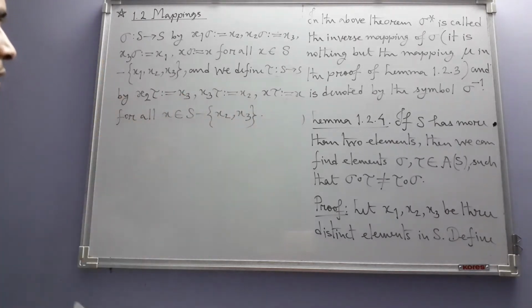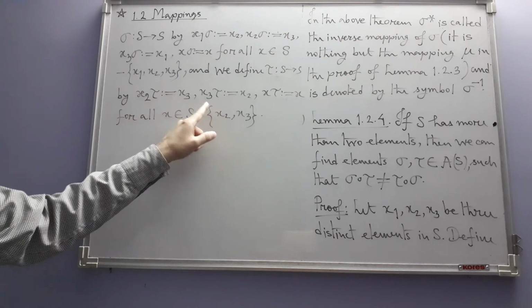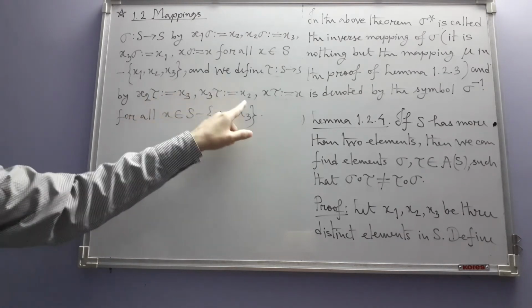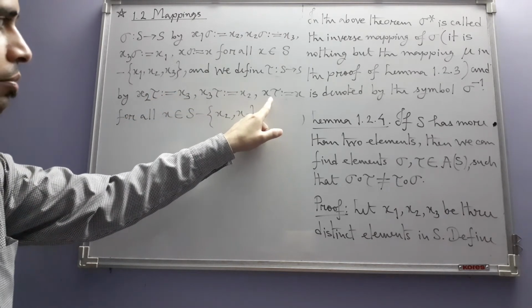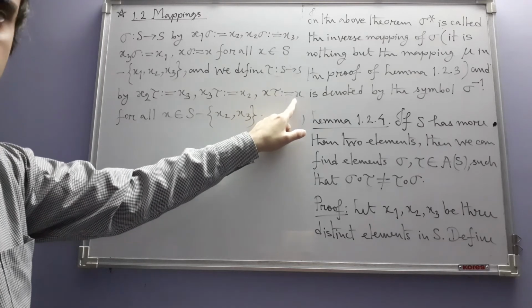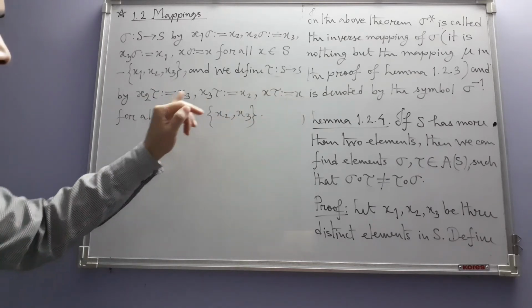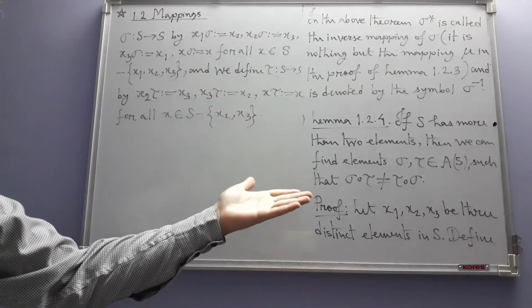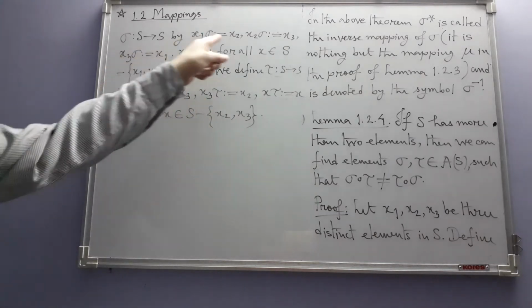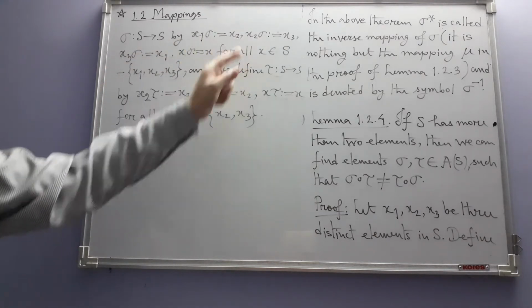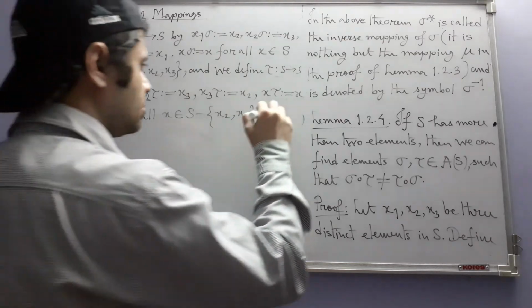Note that this means that tau maps x2 onto x3, x3 onto x2, but maps everything else onto itself. That means tau maps x1 onto x1, which sigma does not do. It maps x1 onto x2. Okay.